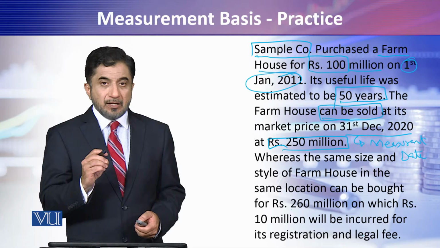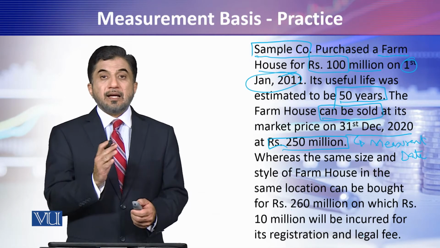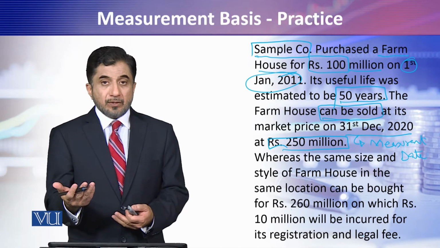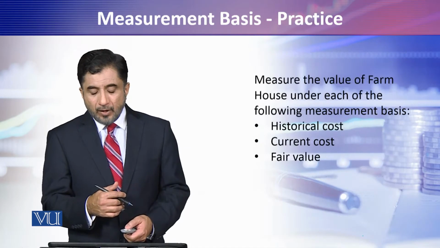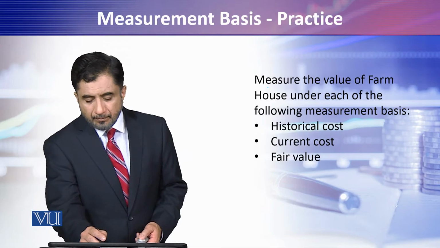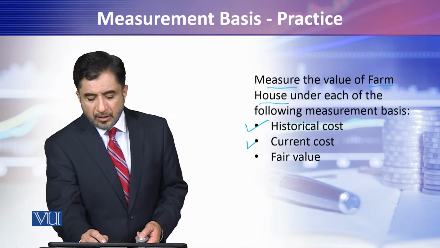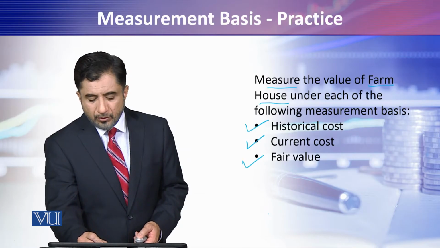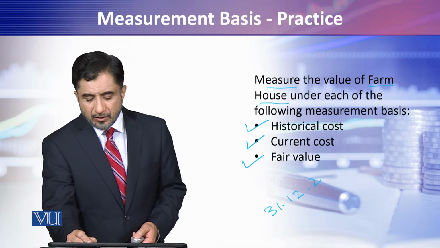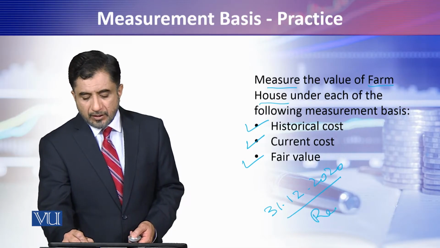And we know this 10 million is the transaction cost, and 260 is the entry price, which we are taking from the market, obviously. Well, the requirement is that we have to measure the value of the farmhouse under the historical cost, current cost, and fair value on the measurement date, which is 31st December 2020, which is our reporting date as well.